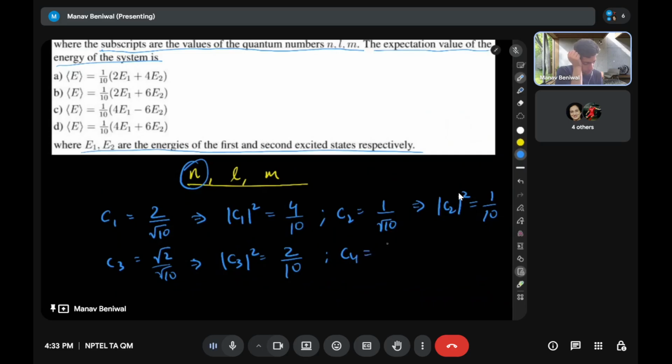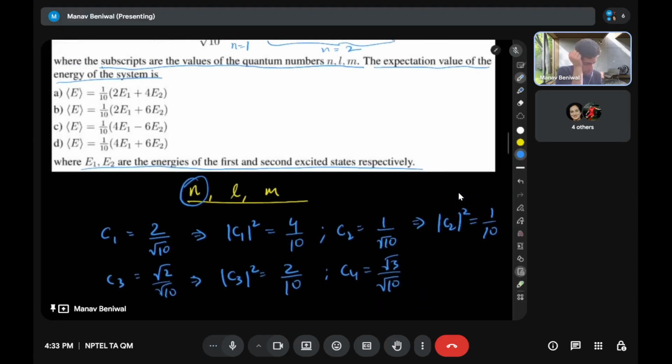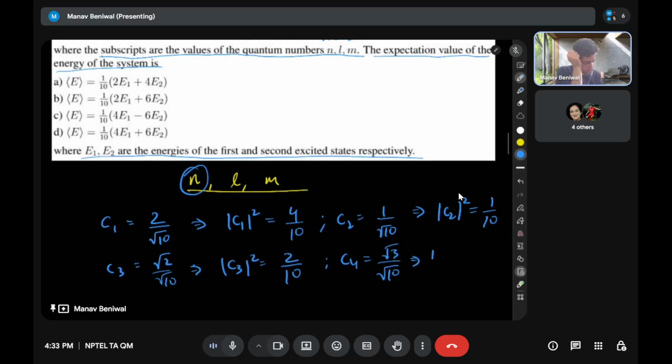And for c4 we have root 3 over root 10, which implies mod c4 squared is 3 over 10.